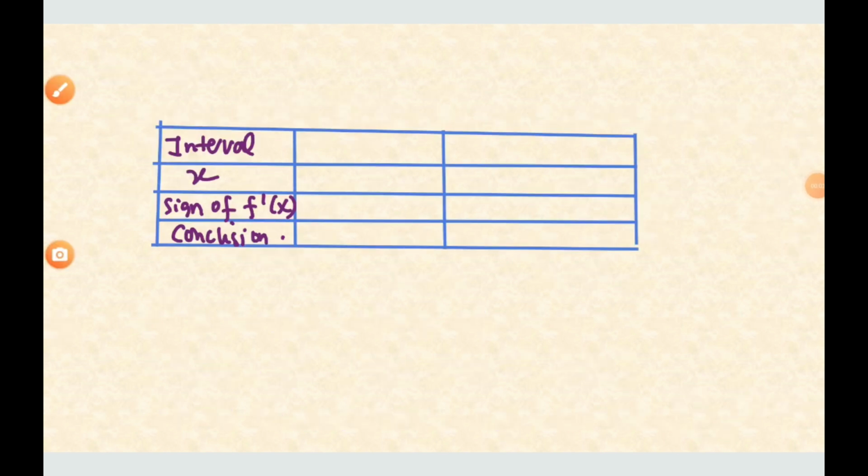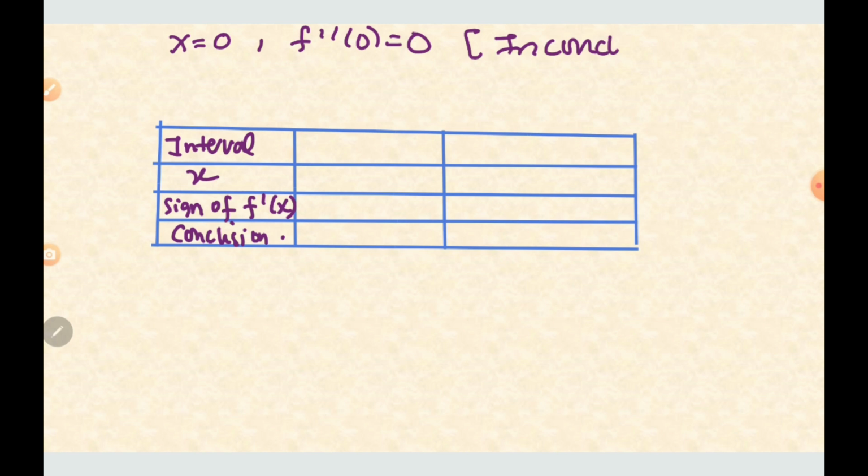So just now we tested x equals 0 into f double prime, and f double prime of 0 is equal to 0, which is inconclusive. We cannot say whether the point is a maximum or minimum, so we need to use the first derivative test again.